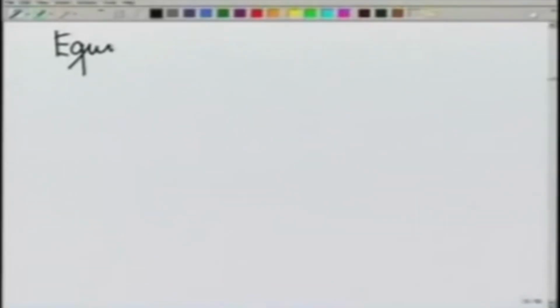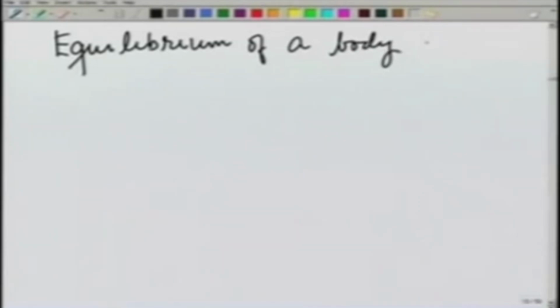Now, we are ready to look at equilibrium of a body under applied forces.